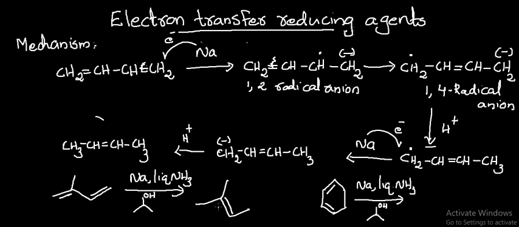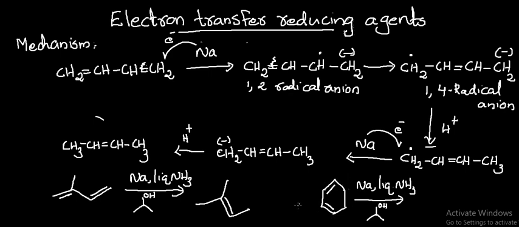This will be the structure of the product. Then again another example, it is a cyclohexa-1,3-diene, not butadiene.